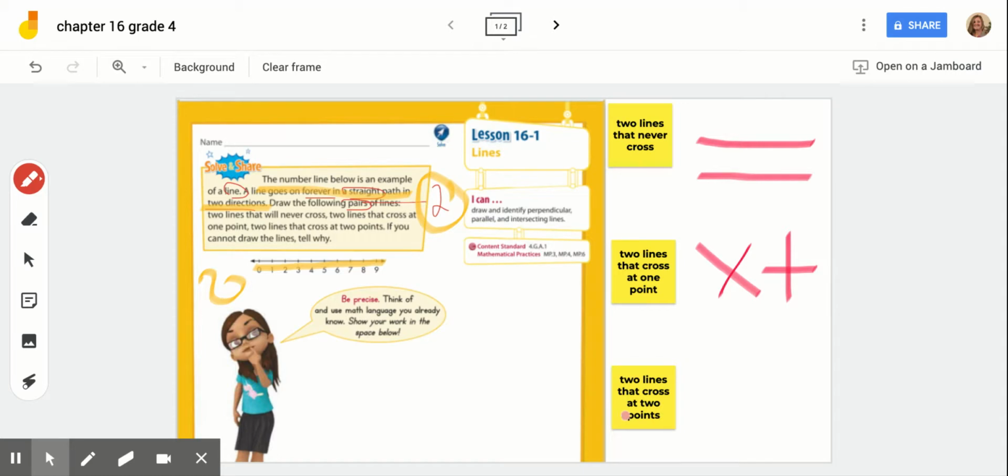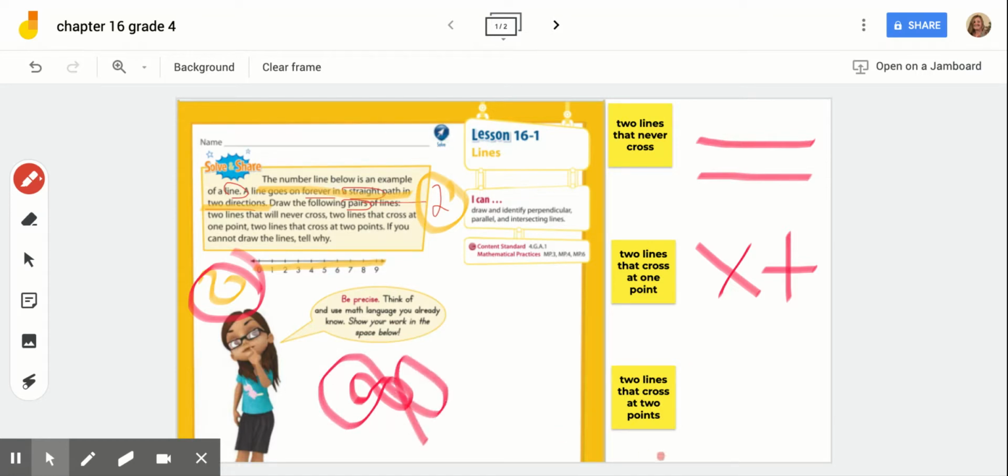Now, 2 lines that cross at 2 points. Can we have lines that cross in 2 points? No, we can't. If we remember this little squiggle guy over there, that eventually would cross in probably more than 1 point, right? Depending on what direction it went, we don't know because it didn't end.